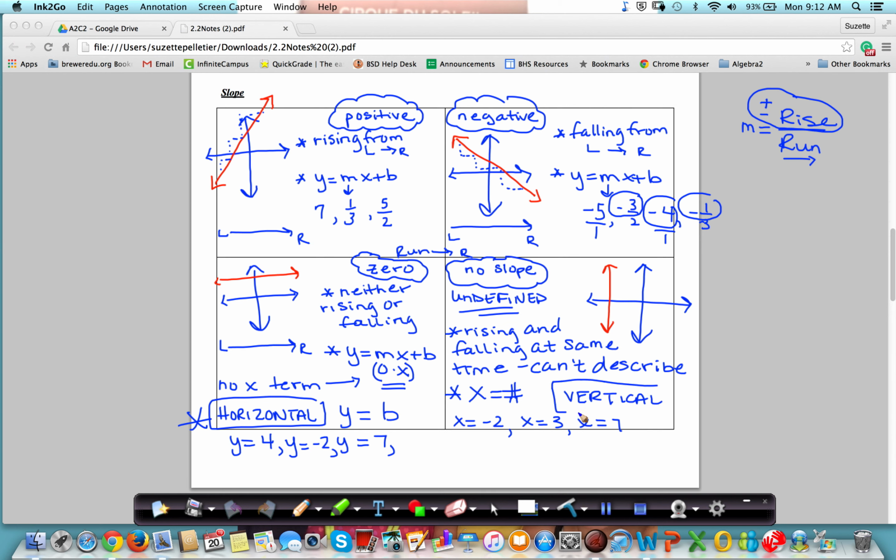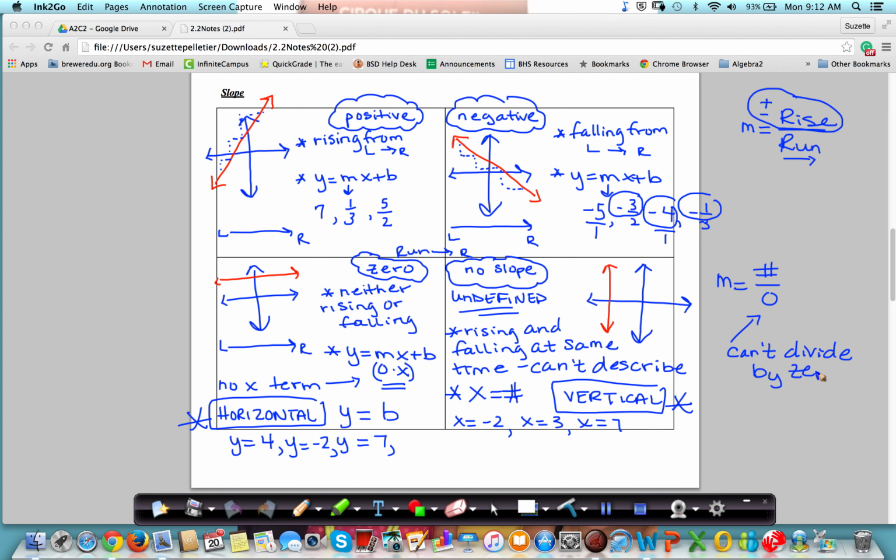lines. Really, really important. You know the difference. Vertical is no slope. Horizontal is a 0 slope, okay? So an undefined line or a defined line. Now, when you're actually finding slope, and we're going to talk about the equation in a second, when you get an undefined, you're going to get some number over 0, and you can't divide by 0.